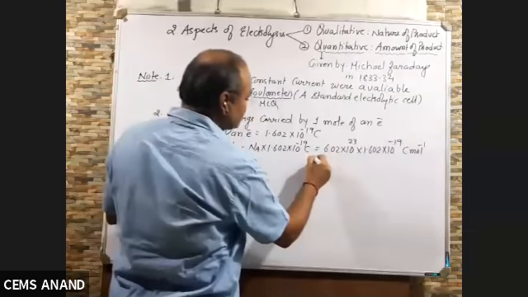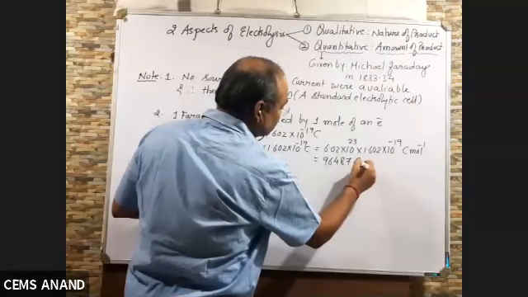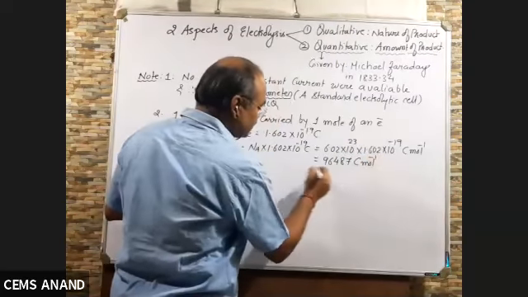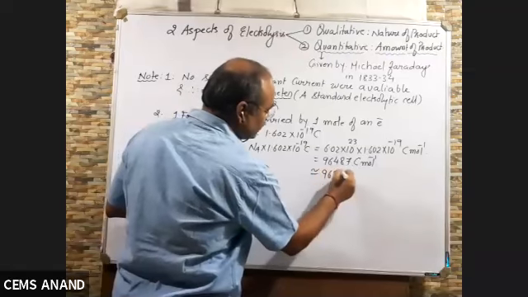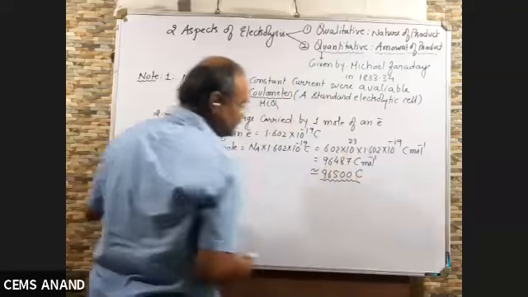If you multiply these two, it will be 96487 coulomb per mole. And for the sake of simplicity in numericals, we are going to use 96500 coulomb. This formula we are going to use.